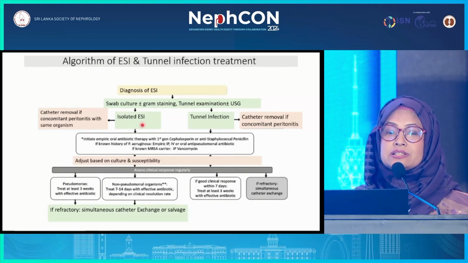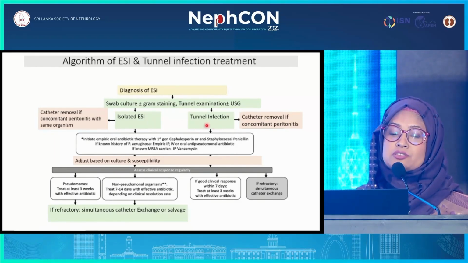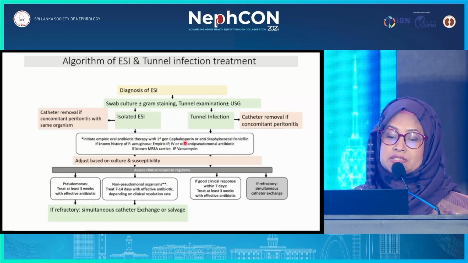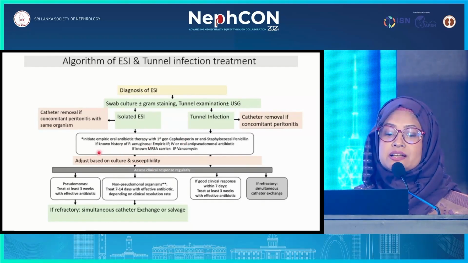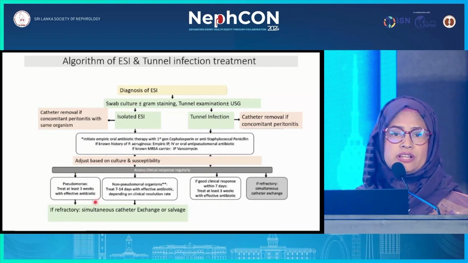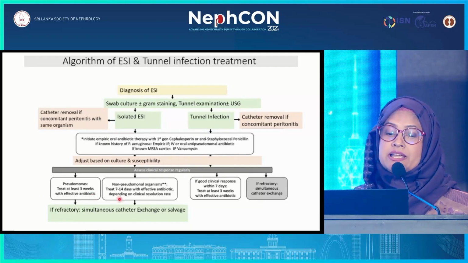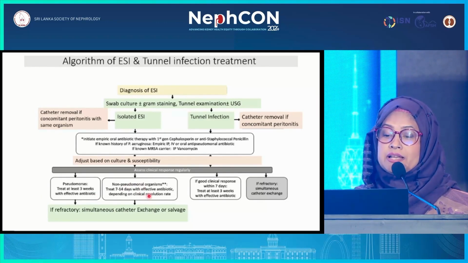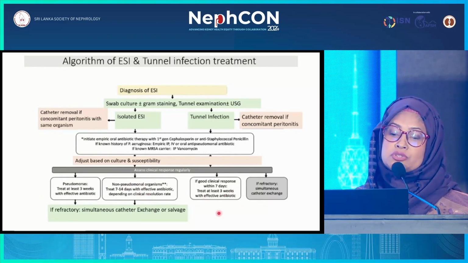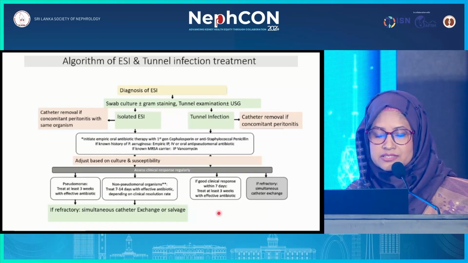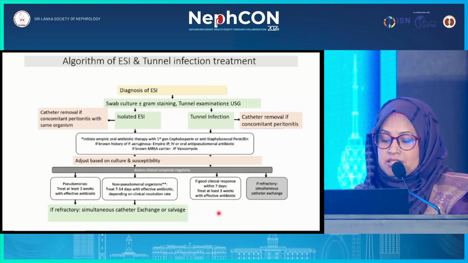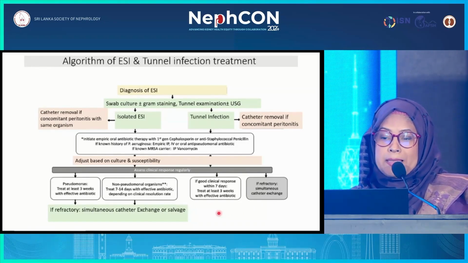If isolated exit site infection or tunnel infection, we should start empirical antibiotics, and after getting the culture sensitivity report, we can modify the antibiotic. In case of Pseudomonas, we should continue antibiotics for 3 weeks. In case of non-Pseudomonal, we should continue at least 2 weeks. And if refractory, we should change the catheter, with simultaneous replacement of the catheter, and salvage is also done.